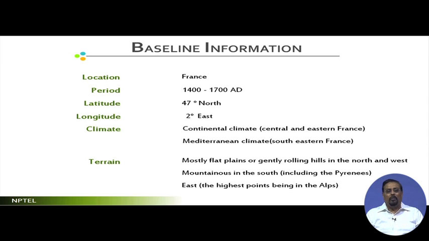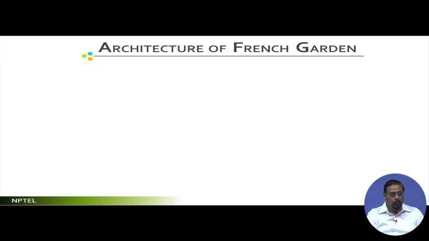Now, this gives a very typical landscape where we have the hills at a distance and the rolling grounds, rolling meadows, gentle terrains in the foreground. It is not hilly all through, and most of the French landscapes have been built over fairly plain areas, but the climate is of this kind as we have mentioned.